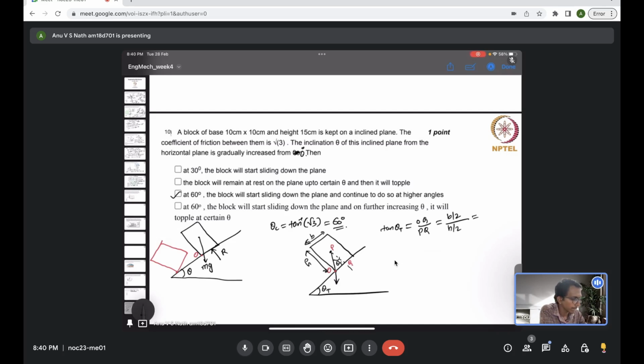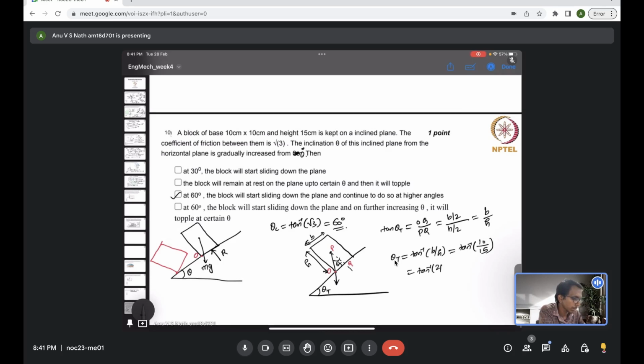If you cancel the 2, you get B by H. Now you can say theta topple is tan inverse of B by H. We have base width 10 and height 15, so it's tan inverse of 10 by 15, or tan inverse of 2 by 3. Let me evaluate that.